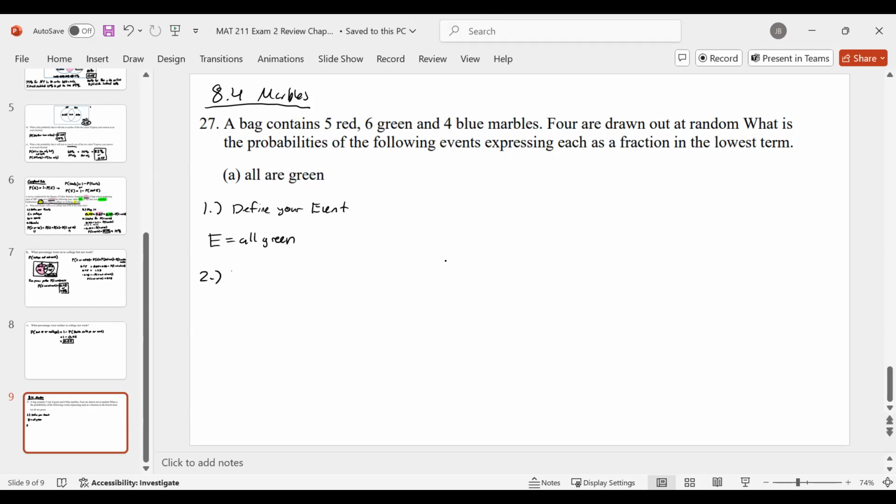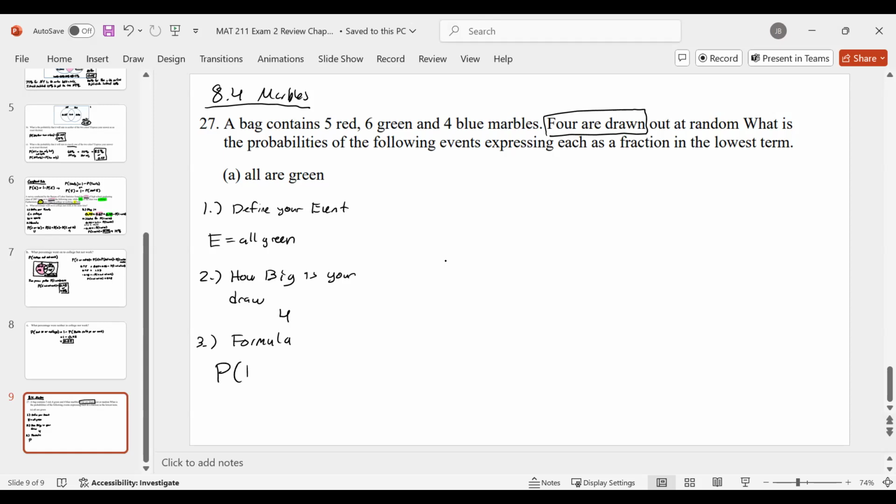Step 2: how big is your draw? How many are you drawing? Because that's the number you use for the total. There are 4 drawn. Step 3, find the formula.